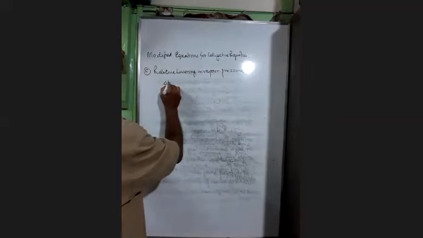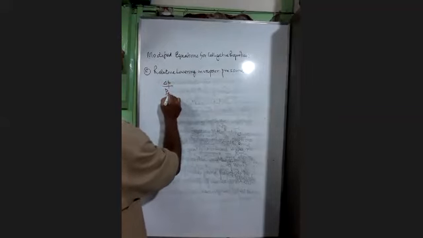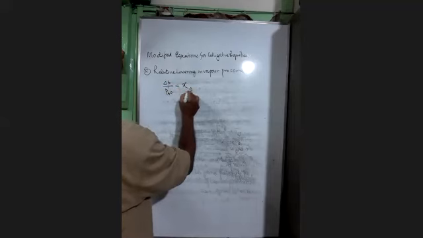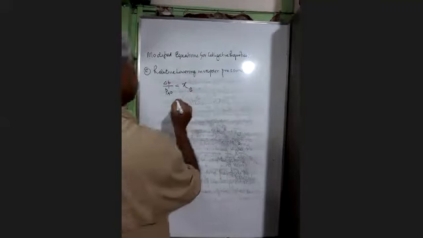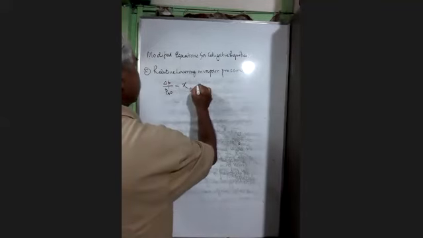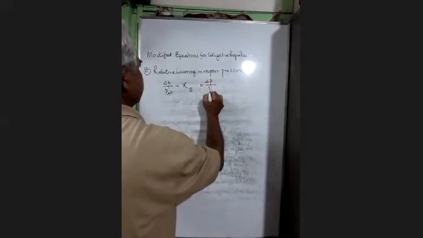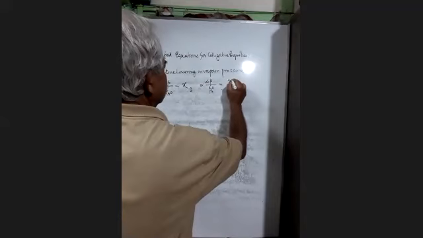See here, don't write the first thing. It is delta P by PA0 equal to chi B. This is our original property. Or what you write? Delta P by PA0 equal to WB by MB upon WA by MA.